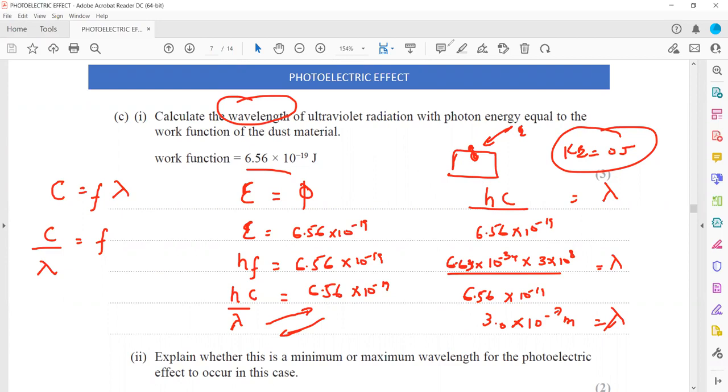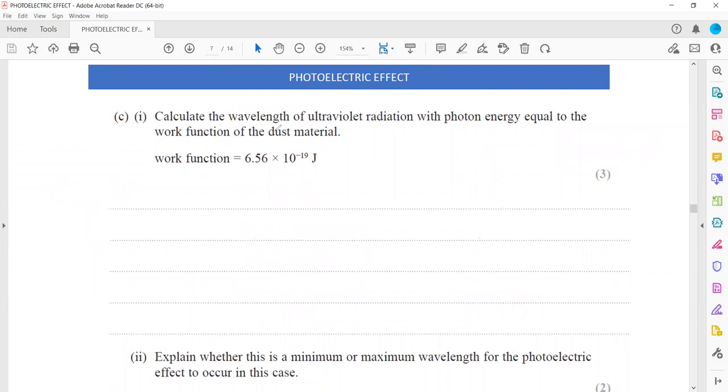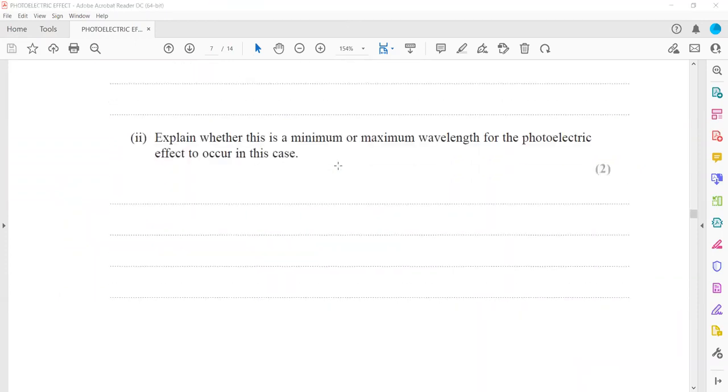The next part: explain whether this is the minimum or maximum wavelength for the photoelectric effect. This is a minimum, as I mentioned, the work function is a minimum energy.